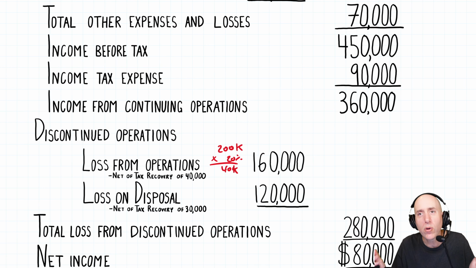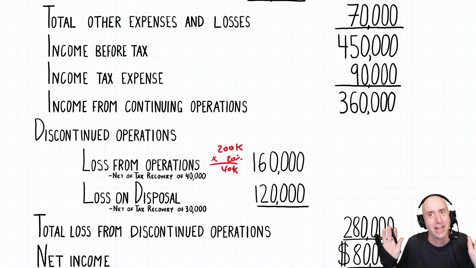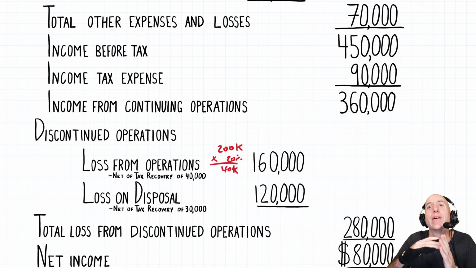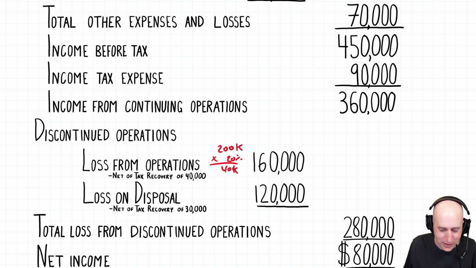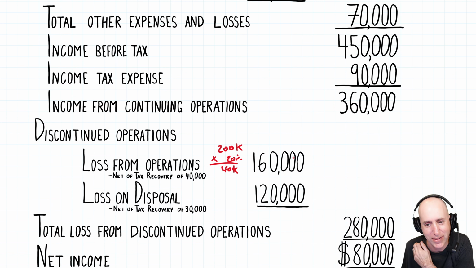Well, if I lose $200,000, it reduces my tax bill by 40 grand. That's one of the few benefits of losing money, is it reduces your taxes. Not that you want that to happen, you don't, but you lose 200 grand, your taxes go down by $40,000, and therefore it only cost you 160. That's how much the loss from operations was. You actually lost 200, but because it saved you on taxes, the net loss is 160.